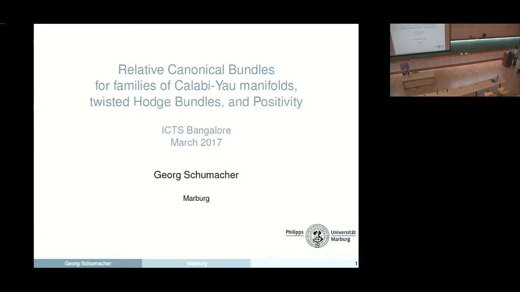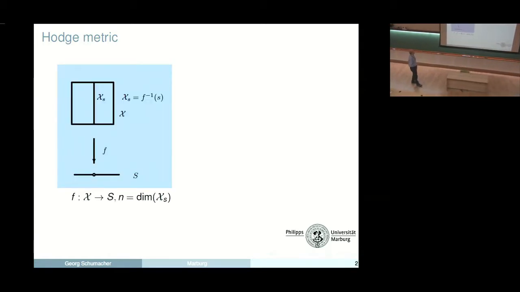To begin with, I want to put things into a classical perspective. Throughout this talk, we will be looking at holomorphic, proper, smooth mappings of complex manifolds.